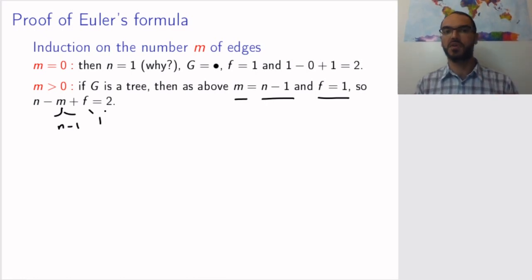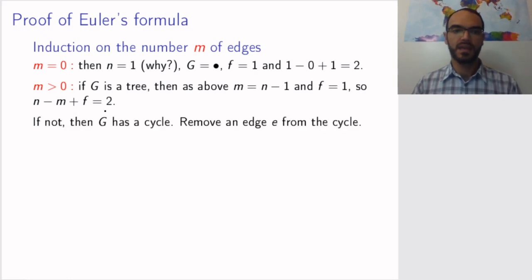The theorem holds. If our graph is not a tree, then since it is a connected graph, the only way it can fail to be a tree is if it has one or more cycles. So if it has a cycle somewhere, remove an edge from this cycle. If it has multiple cycles, just pick one cycle and remove an edge from that cycle.